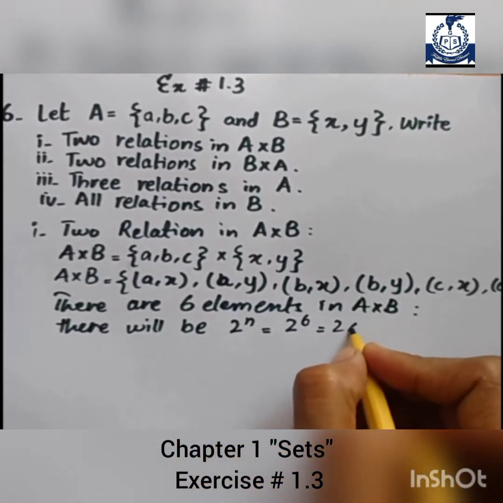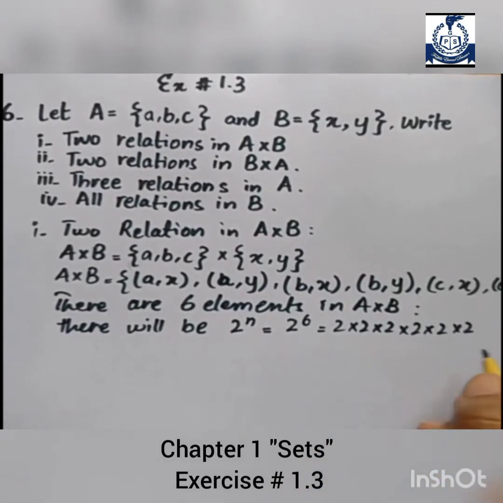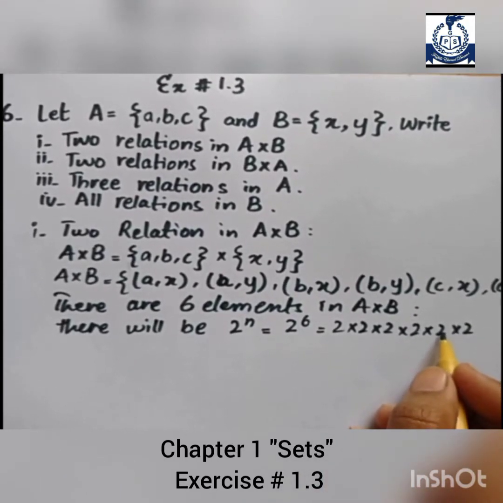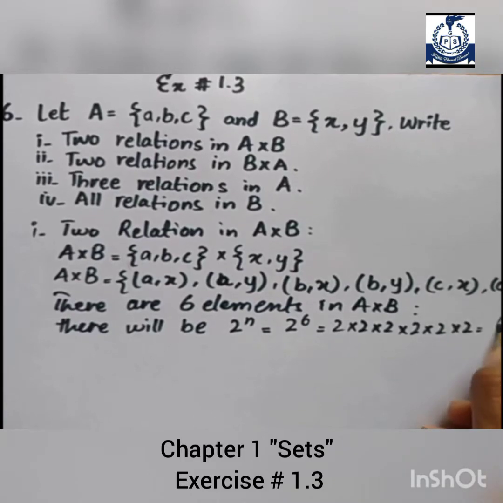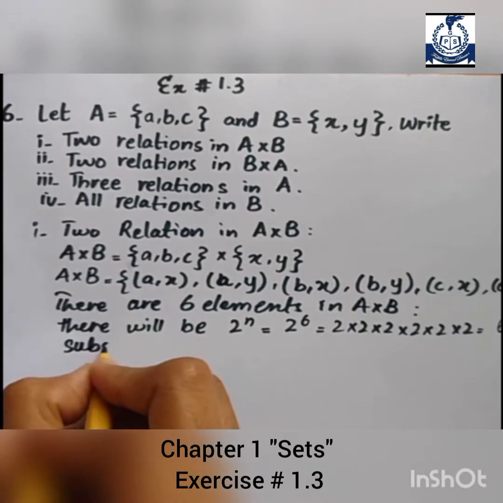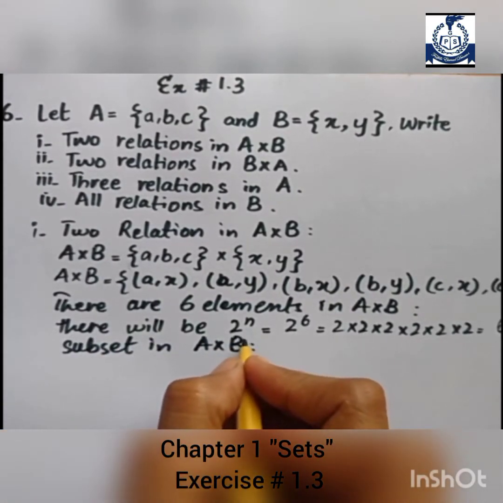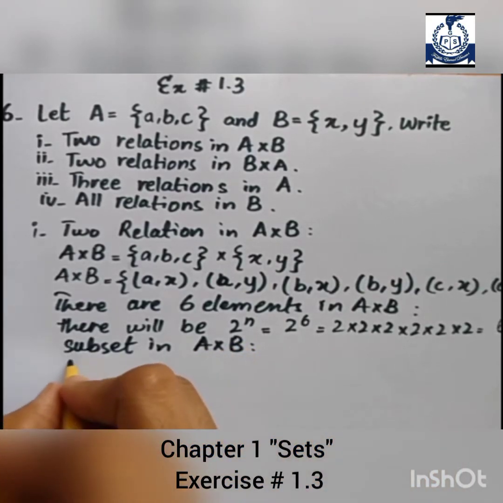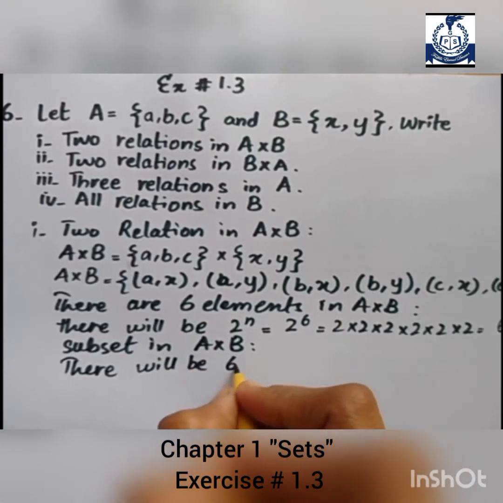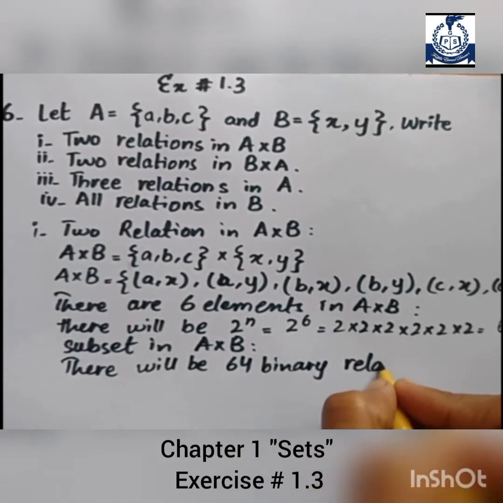We multiply 2 six times. 2 times 2 is 4, 4 times 2 is 8, 8 times 2 is 16, 16 times 2 is 32, 32 times 2 is 64. So there will be 64 subsets, that is 64 binary relations in A Cartesian product B.